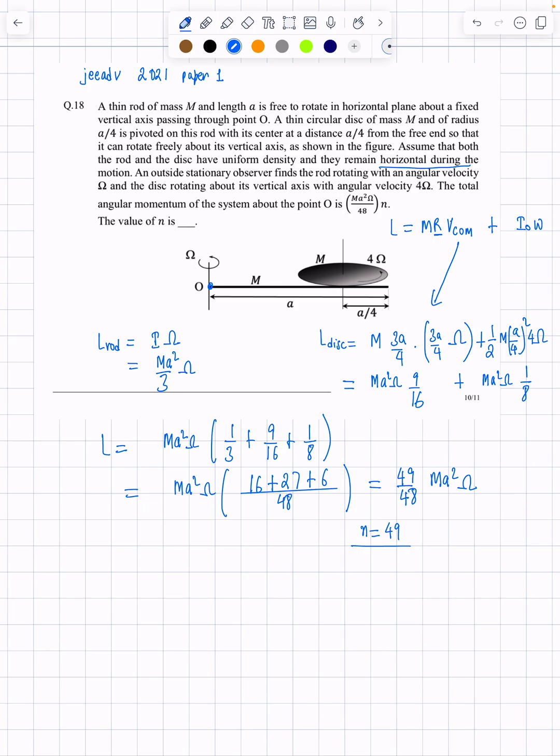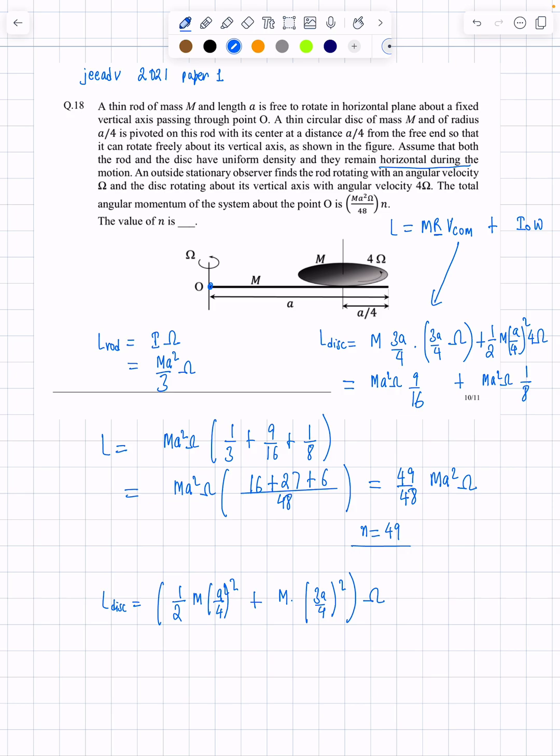The rod we already found as ma square over 3 times omega, and for the disk we would use the parallel axis theorem: half mr square, which is a square over 4 squared, and then mass times the distance from the point O squared, which is 3a over 4 squared, times omega. So this would have been the disk angular momentum, and then you would have added it to the rod, and that would have been the answer.